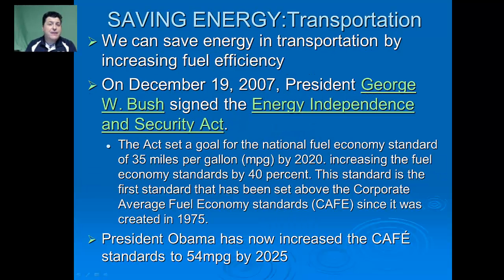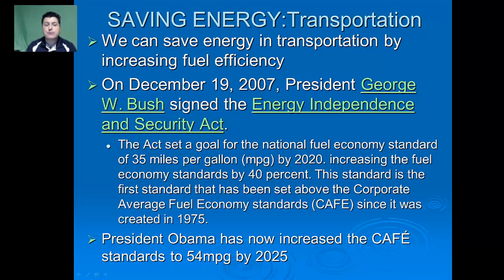We can save a lot of energy in our transportation market by increasing our fuel efficiency. On December 9th, 2007, President George Bush signed the Energy Independence and Security Act. And this act set the goal for the national fuel economy standards to 35 miles per gallon by 2020, increasing the fuel economy standards by 40%.